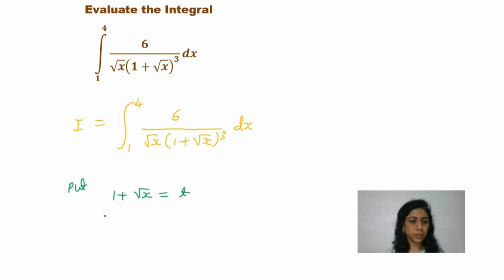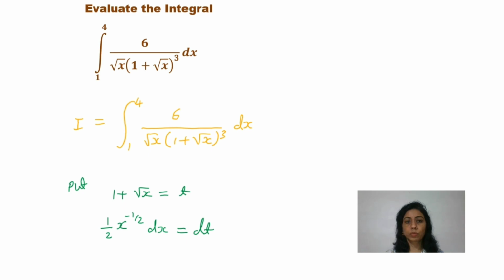When we differentiate, we get 0, and when we differentiate this, this is actually x to the power 1 upon 2, right? Square root x means x to the power 1 upon 2. So 1 upon 2 x to the power 1 upon 2 minus 1, so 1 upon 2 x to the power minus 1 upon 2 dx is equal to dt.